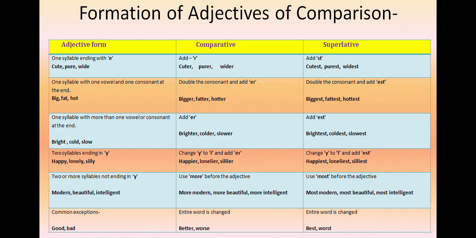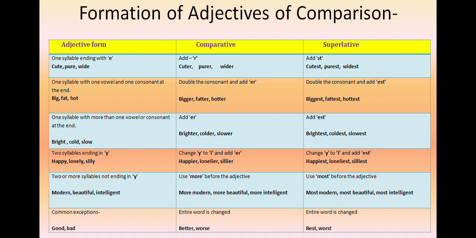syllables. If a word can be pronounced at one go, like big, it is monosyllabic, one syllable. If it has 2 syllables, like water, it is disyllabic. If it has 3 syllables, like beautiful, it is trisyllabic. If it has more than 3 syllables, like intelligent, it is polysyllabic.